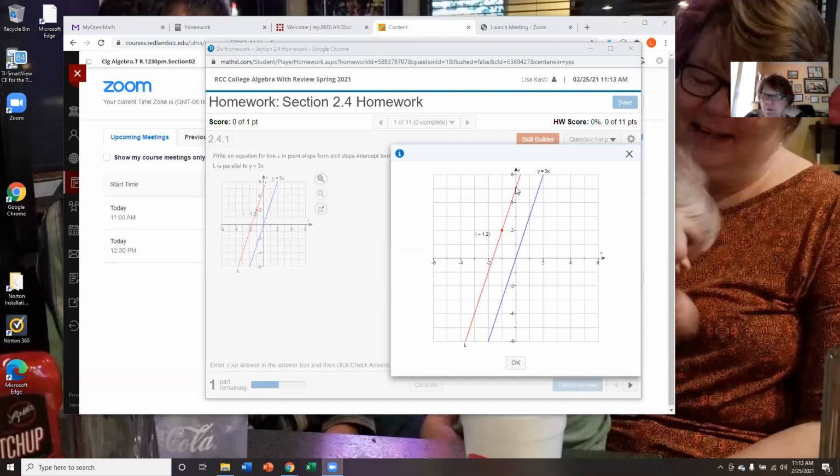So that equation that we got, 3x plus 5, is the equation that fits this red line. So it looks to me like we got it correctly.